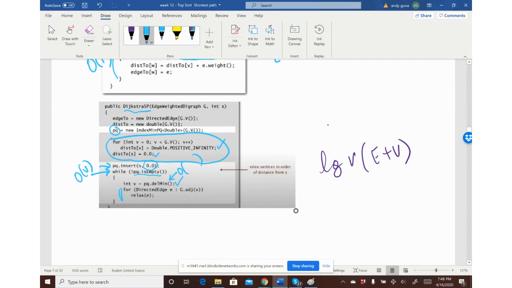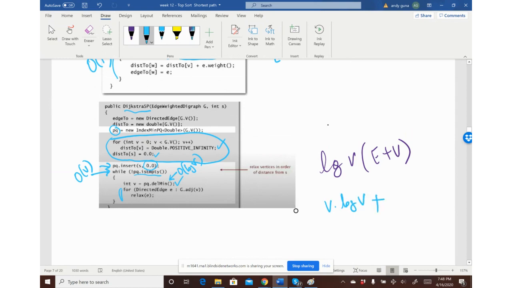It's a priority queue of vertices. Log V. Okay, so delete min is log V. And if you look at the while loop and the delete min, it gives you V log V.